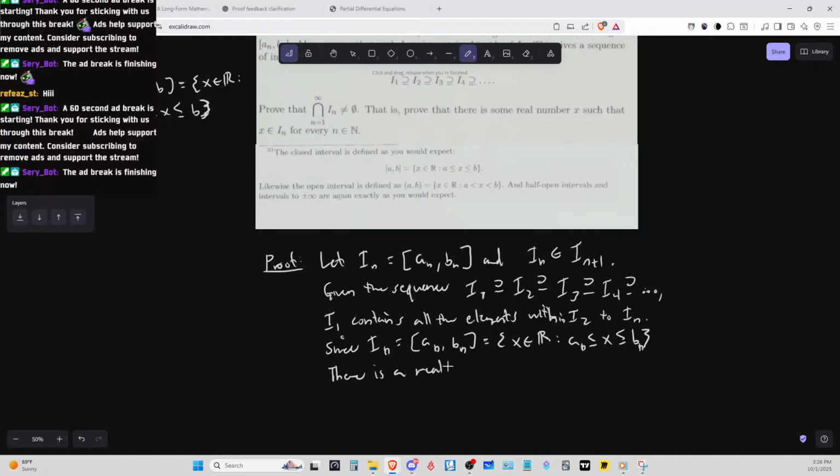A real number x that is contained within I_n.